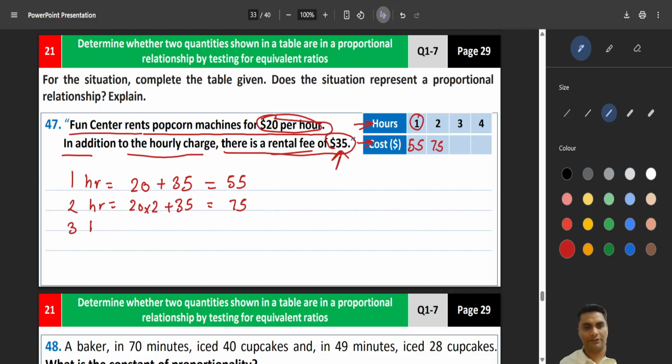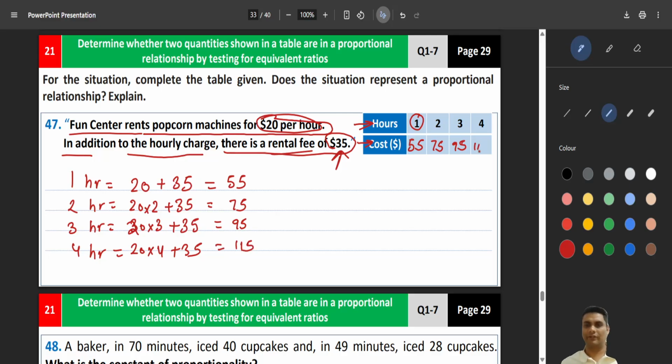For 3 hours it will be 20 times 3 plus 35. I hope you are getting it right. These are the hourly charges. This is the fixed rental charge. 20 times 3, 60. 60 plus 35, 95. So here I will have 95. And for 4 hours, it will be 20 times 4 plus 35. 20 times 4, 80. 80 plus 35, 115.